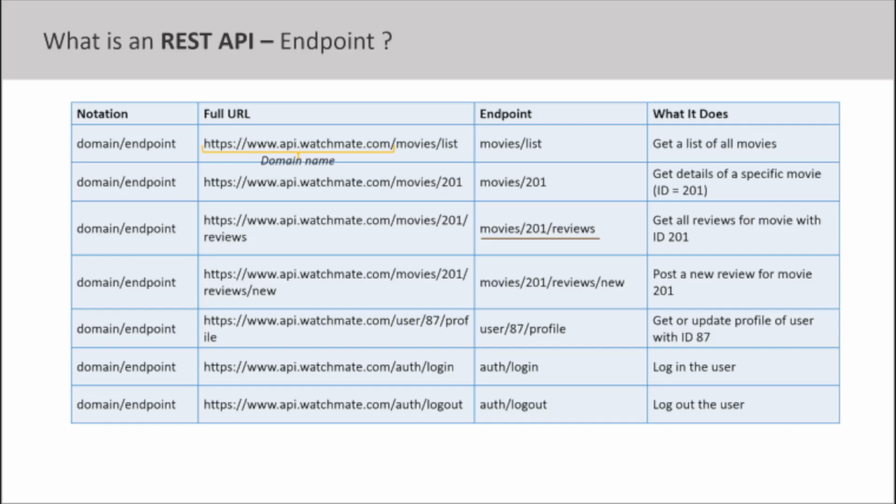Similarly, if you want to read or post reviews for a movie, there is an endpoint for that as well. If you want to get all the reviews for a particular movie where the movie ID is 201, you can use the endpoint movies slash 201 slash reviews. But if you want to add a review for that movie, 201, then we need to use the endpoint movies slash 201 slash reviews slash review.